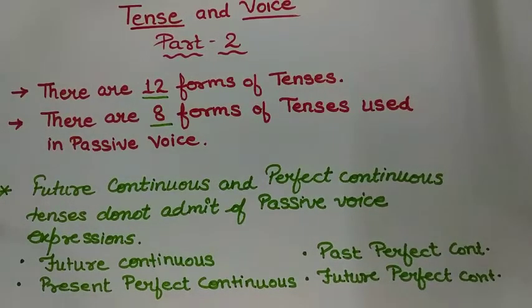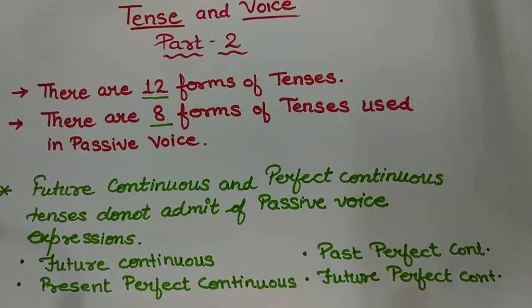Here I want to tell you something. There are 12 forms of tenses. You must be knowing it. But there are 8 forms of tenses used in passive voice. The tenses of future continuous and perfect continuous tenses do not admit of passive voice.